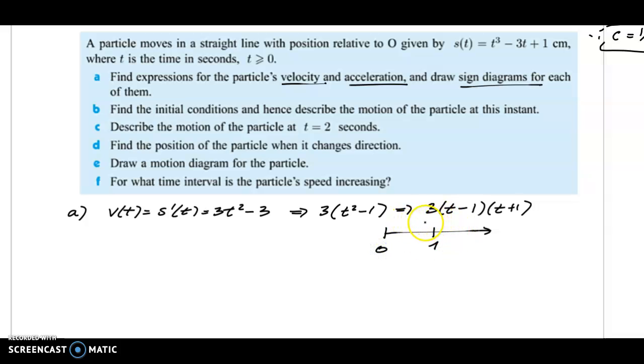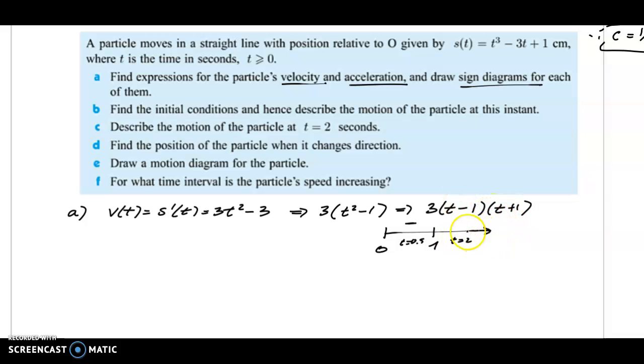So notice that when you do this, just put in test points, put in a half, and you'll see this will be negative in your velocity. Where is it positive or negative? Just put in right in here, like say t equals 0.5, t equals 2, right?